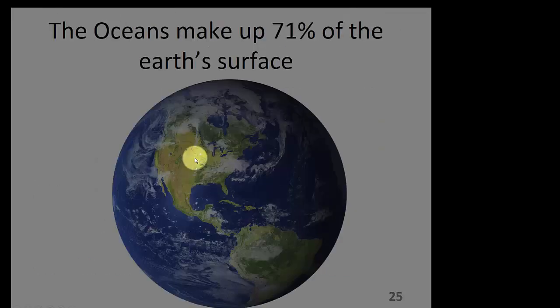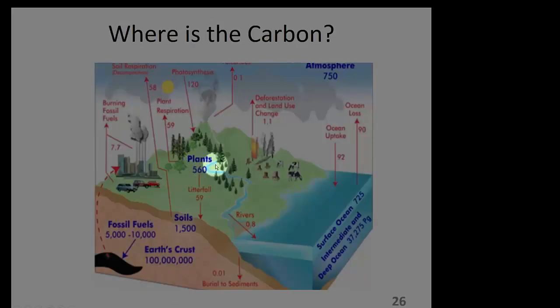Oceans make up 71% of the Earth's surface. The oceans are a vast reservoir of carbon dioxide because plants and animals that die decompose and release carbon dioxide into the cold water. Cold water doesn't release the carbon dioxide.